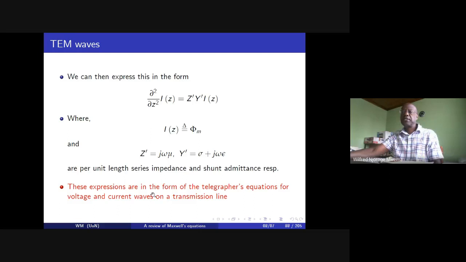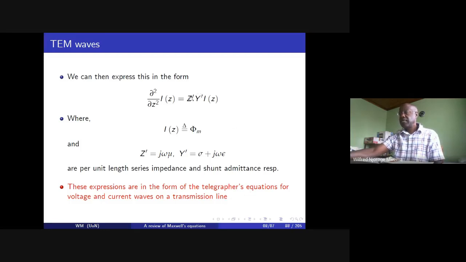So these expressions are in the same form as the telegrapher's equations for voltage and current waves on a transmission line. I'm sure in your ECT 322, or 3-1 or 2-1, you must have met this kind of equations before.